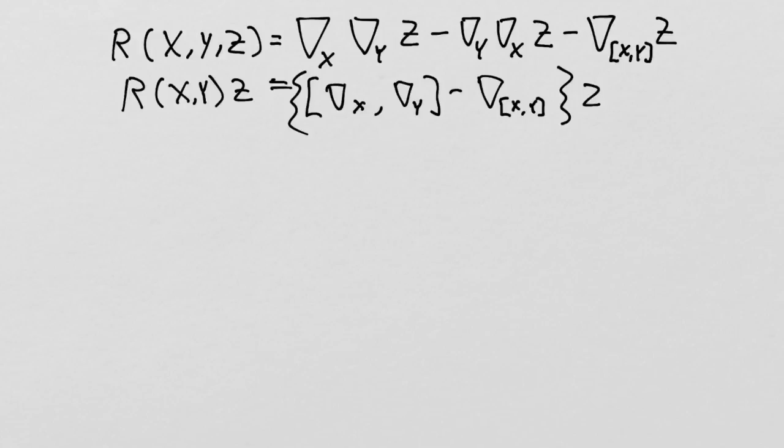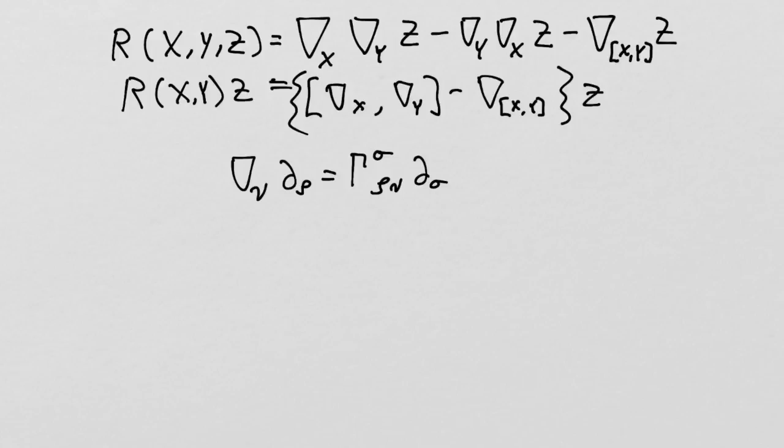Okay, so that's where we started. Then we remembered a few little facts that were important. For example, the covariant derivative of a basis vector was in fact another vector.